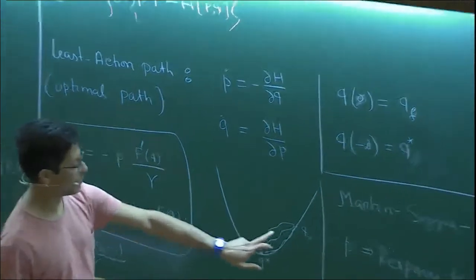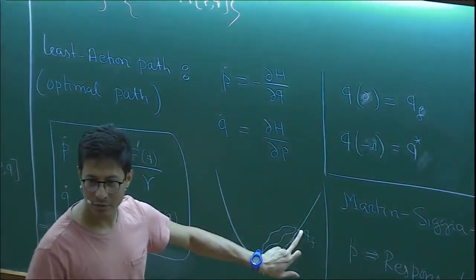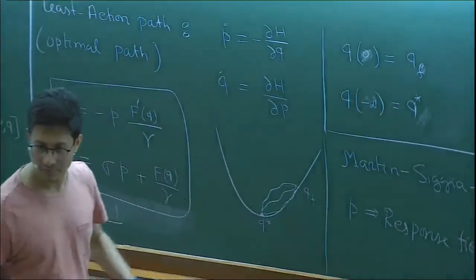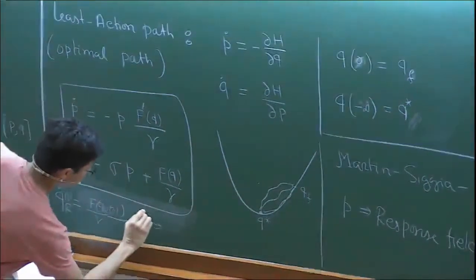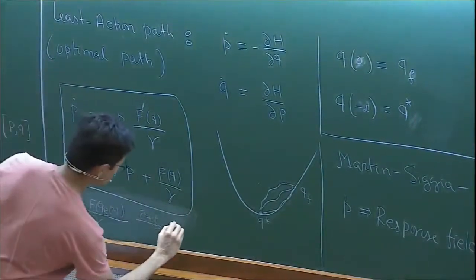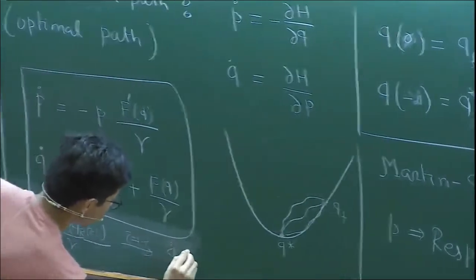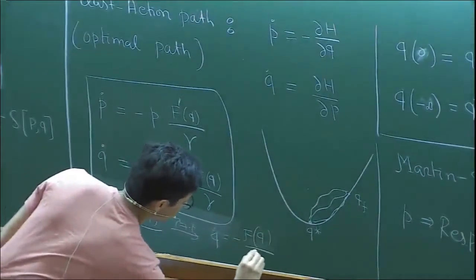Because what happens there is that it just slides downhill. Okay? So the most likely profile is just the noiseless solution. Okay? So now if you go from tau to minus t, you know that the solution for this forward process should simply be minus f of q divided by gamma.